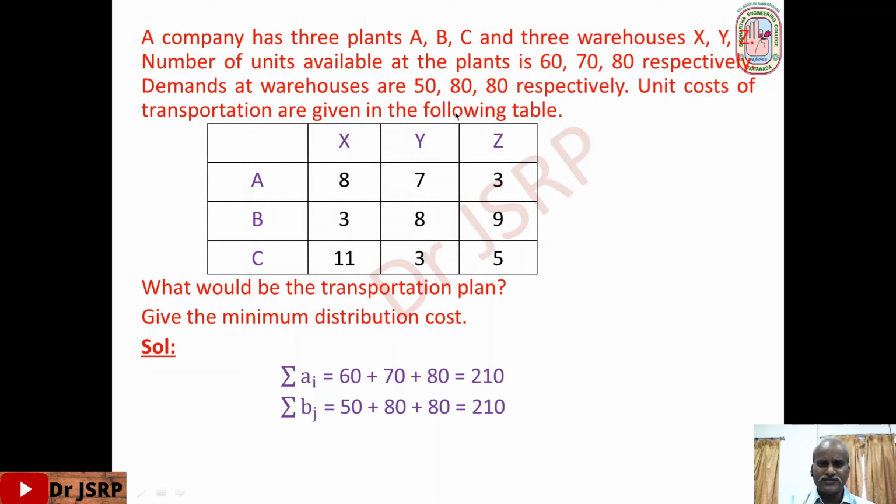Similarly, the sum of required amounts is 50 plus 80 plus 80, which is 210 units. So both are the same. So the sum of available amounts equals the sum of required amounts, so the problem is a balanced problem. Then we can proceed. Otherwise, we have to balance it. Such problems are called unbalanced problems. Here this problem is a balanced problem.